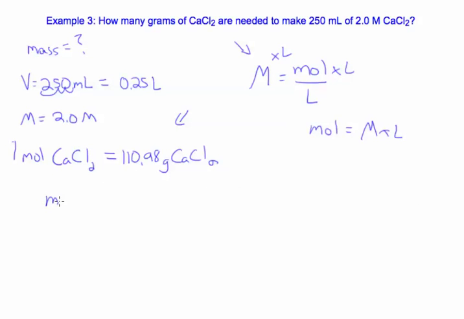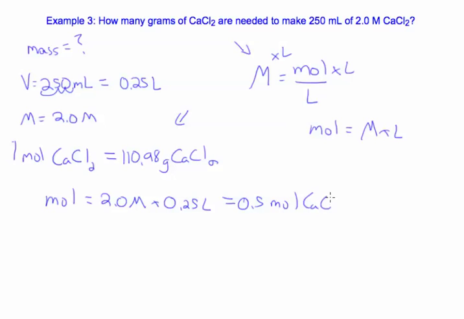So moles equals 2.0 times 0.25 liters and equals 0.5 moles, and we're not worrying about significant figures since we're not having to round anything off here. And this is moles of CaCl2.